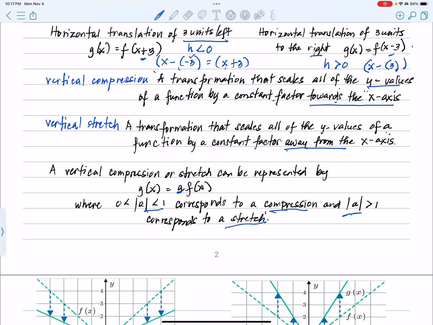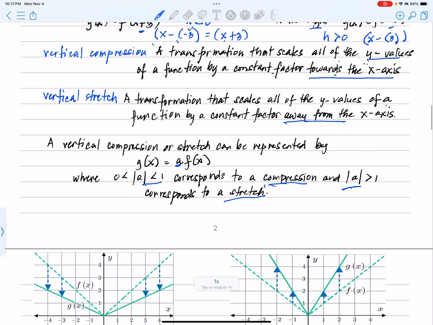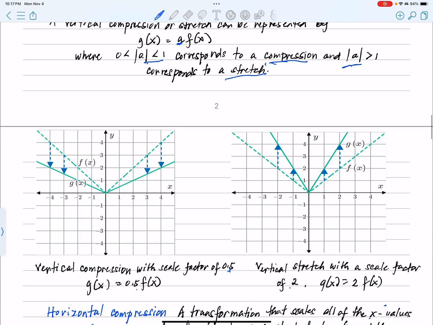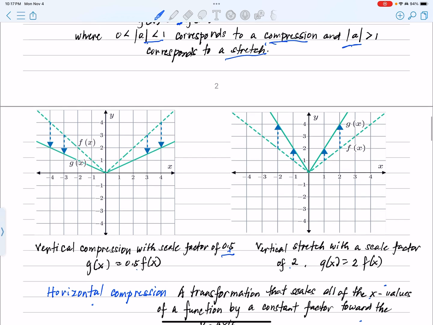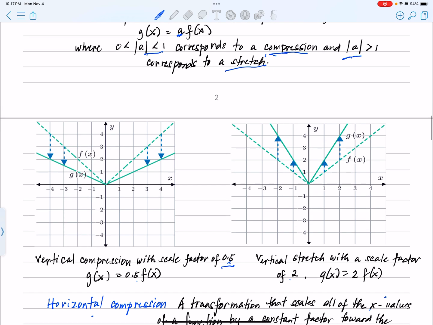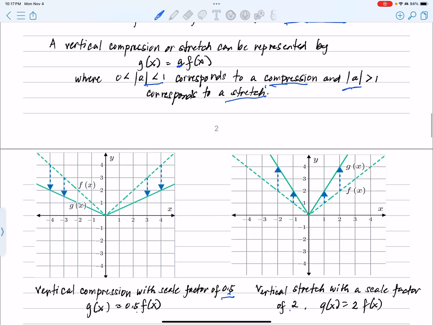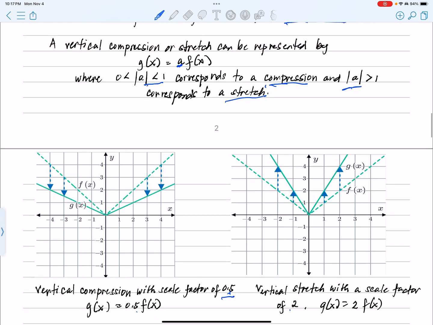All right, let's look at this. Vertical compression with a scale factor of a, 0.5 f of x. So the absolute value of a is less than 1, it is compressed.